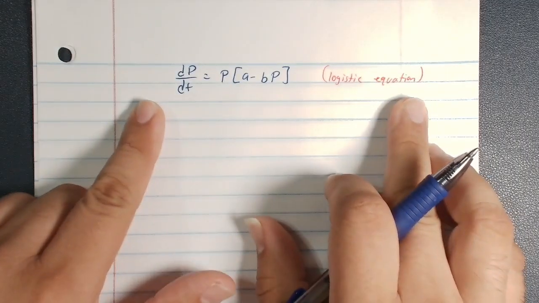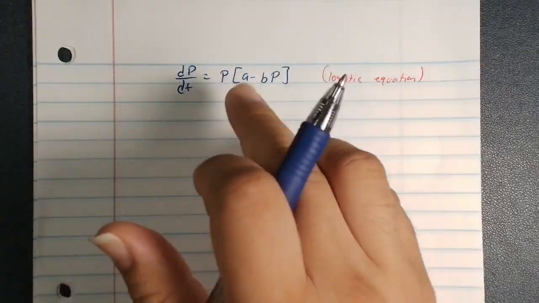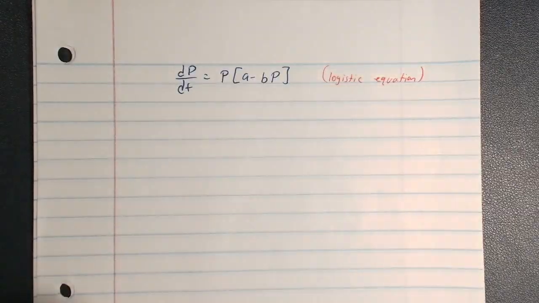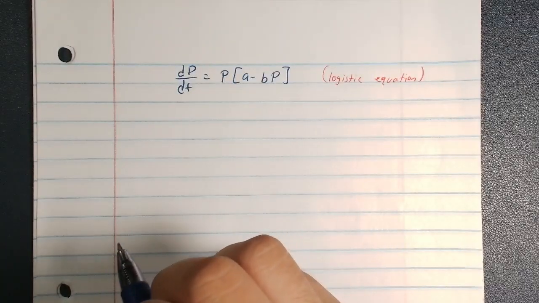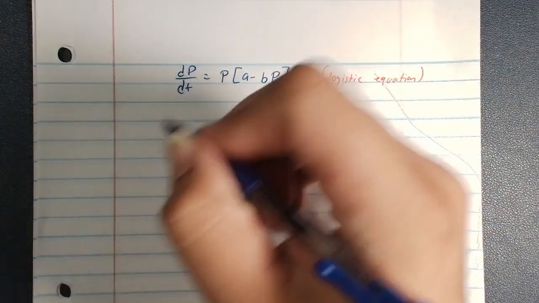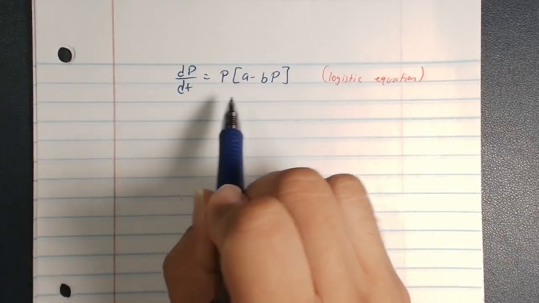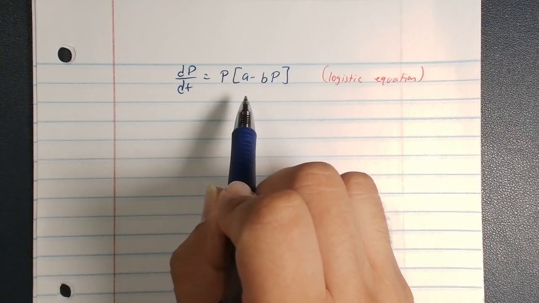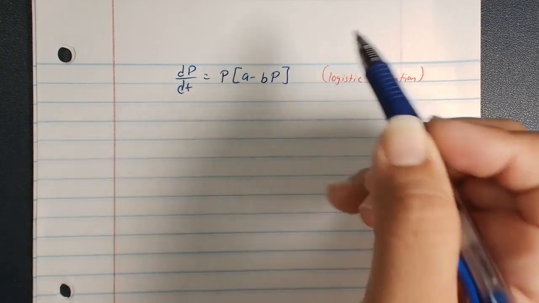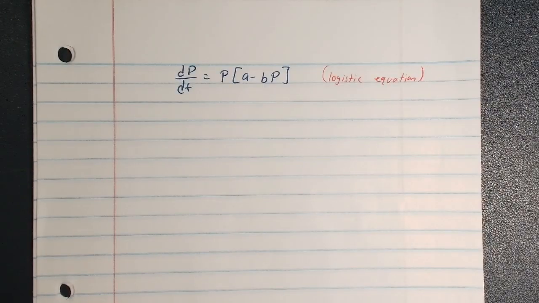All right, so let's go ahead and solve this logistic equation to create the solution for population, what we often call the logistic function. All right, so here we go. What I'm going to do is take this equation and simply separate variables. Thankfully, it does yield to one of our more basic techniques.